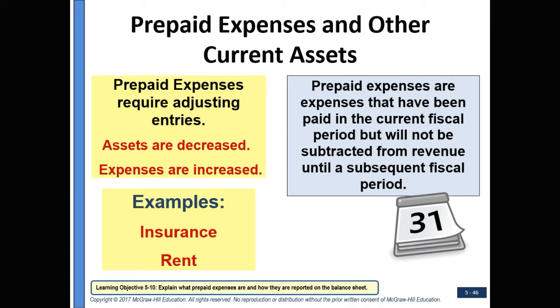So what we do is we recognize it on January 1st as an asset, showing that our insurance company owes us coverage for a period of time in the amount of premiums equal to $1,200. As time surpasses, as we consume that coverage, as it expires, we recognize it as an expense. We increase our expenses and decrease our assets proportionally.